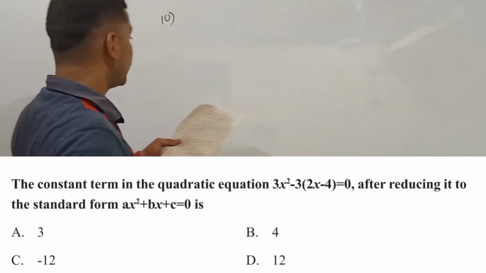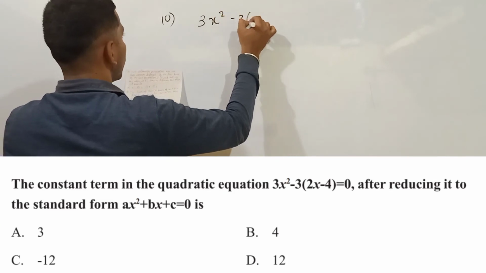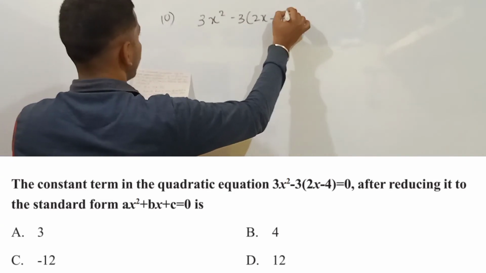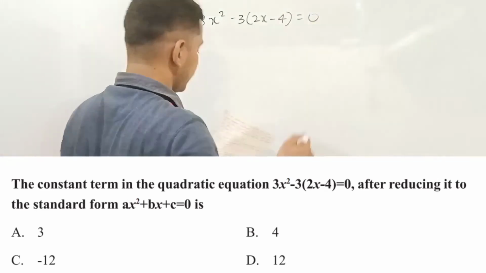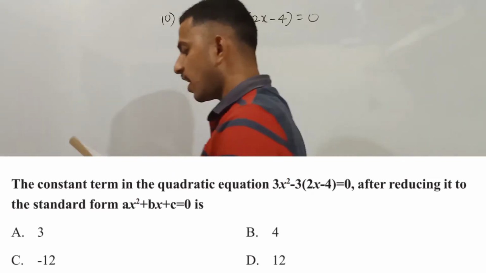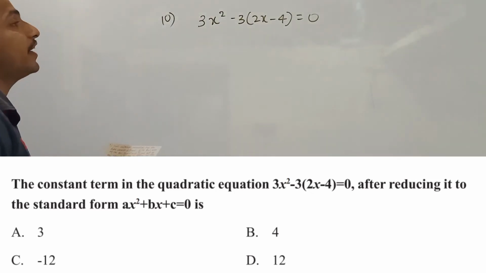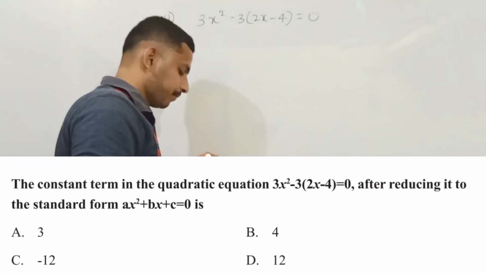We are given the quadratic equation 3x square minus 3 of (2x minus 4) is equal to 0. The question asks for the constant term in this quadratic equation after reducing it to the standard form. Please watch carefully.